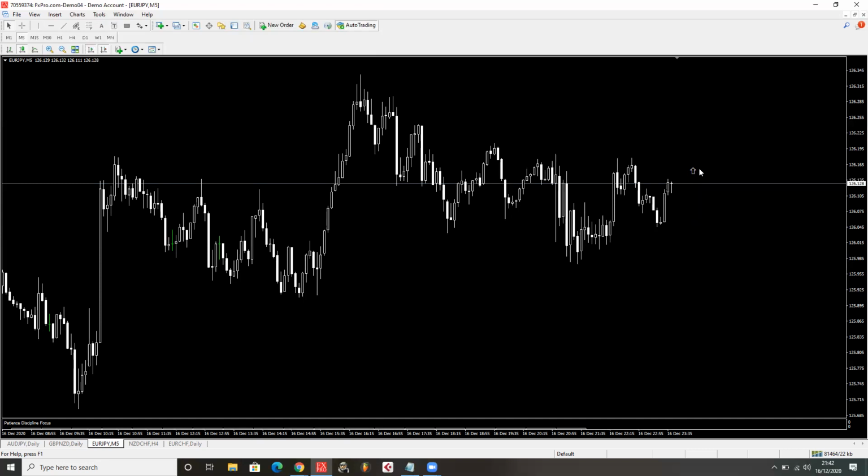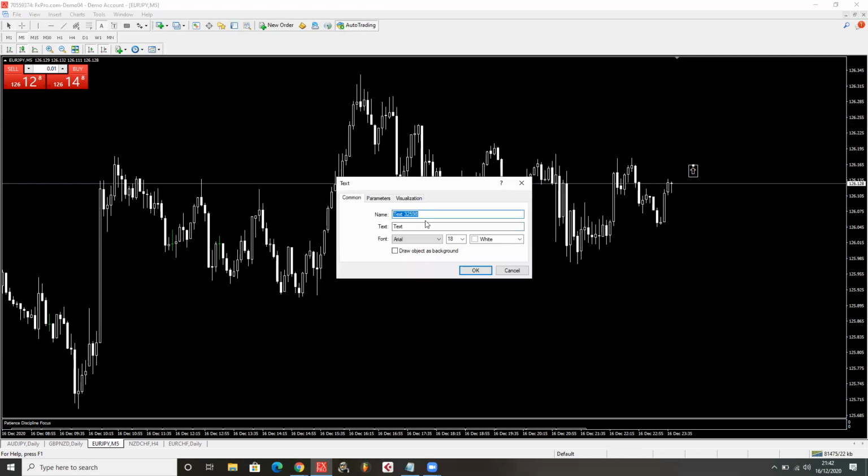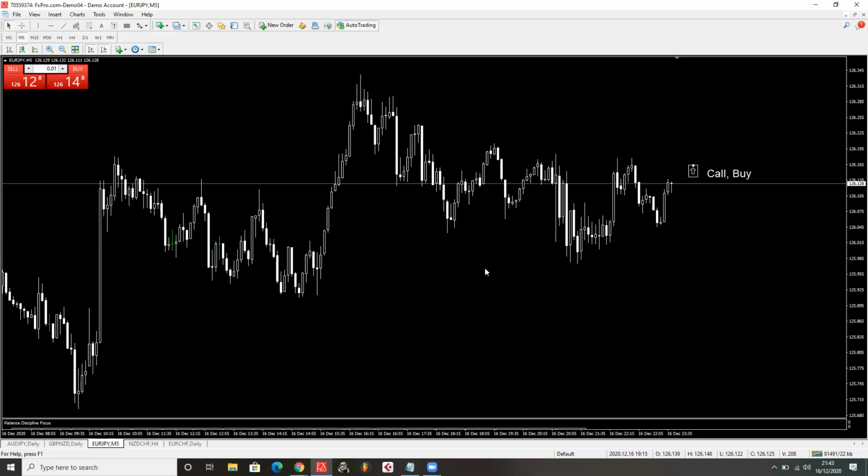Now, buy can be called buy, right? Up can be called buy. It can also be called call. So buy has variations of name, but the names you need to know are call and buy.